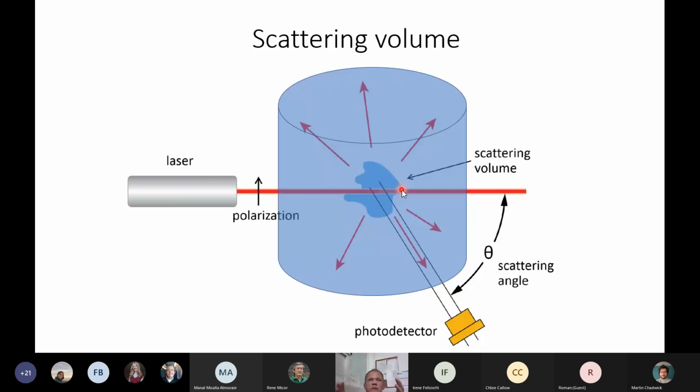So surrounding particles have the opportunity to come in and come out, and that's why the number of particles in this scattering volume, which is determined by the laser and detector, is changing. Every time we have some number of proteins in the scattering volume, and this number is changing because some proteins are leaving the scattering volume and some proteins are coming in. Okay, I think this is pretty clear.